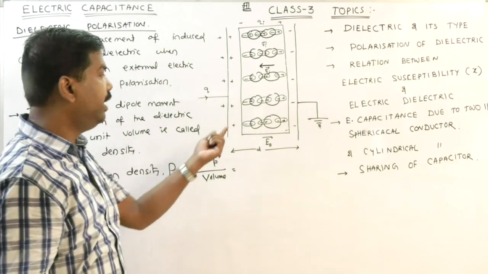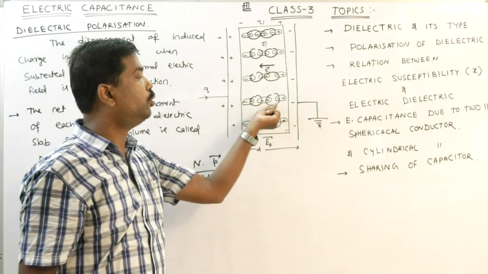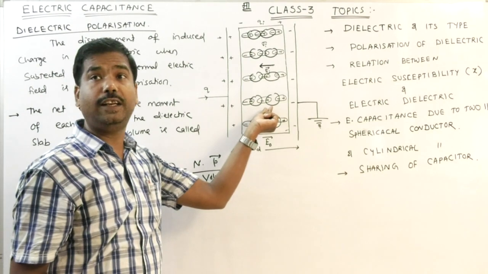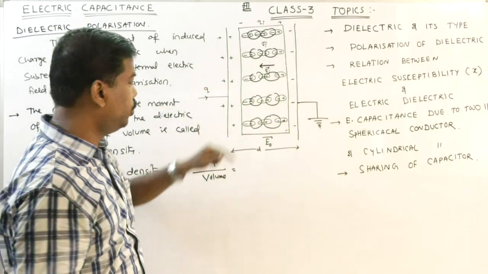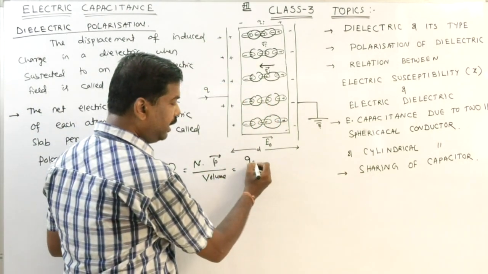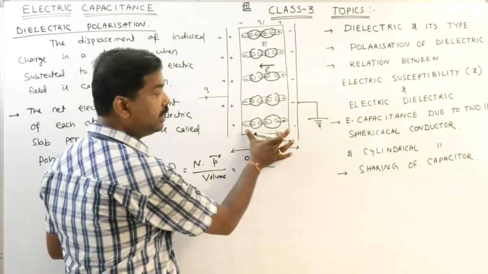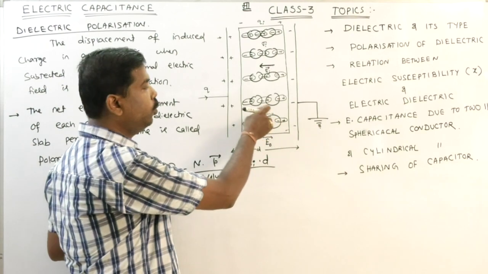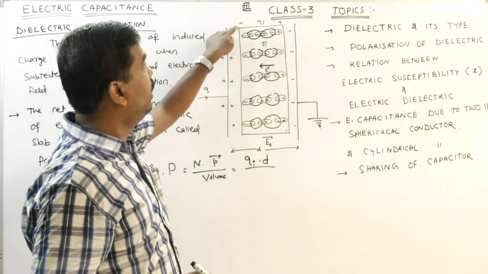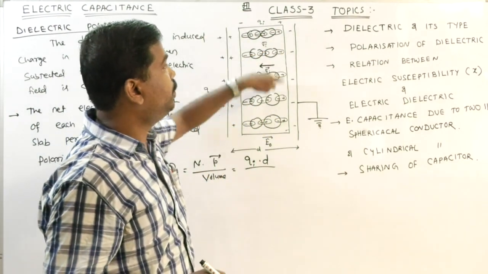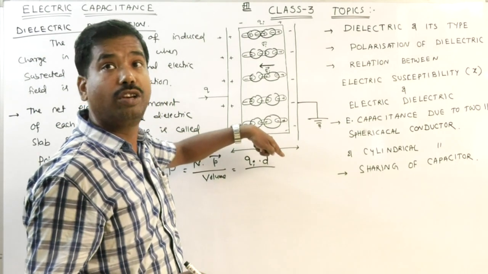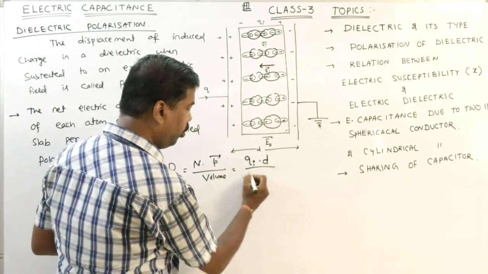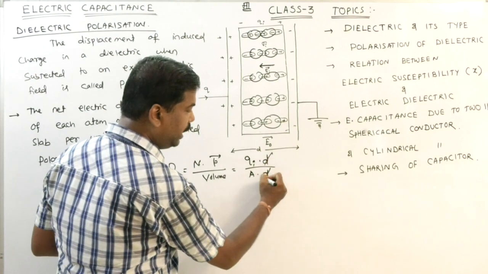Clear? So the positive and negative charge at the center cancel each other, so only the charges at the edges remain. So the net dipole moment I can write as the induced charge into the distance between the two edges, because there are no charges at the center. The net is negative charge induced at one edge and positive charge induced at the next edge. Clear? So Q_I, the volume of the dipole is A into d. So d cancels.